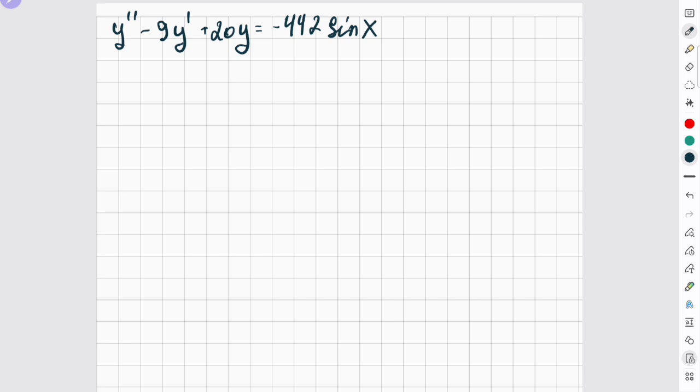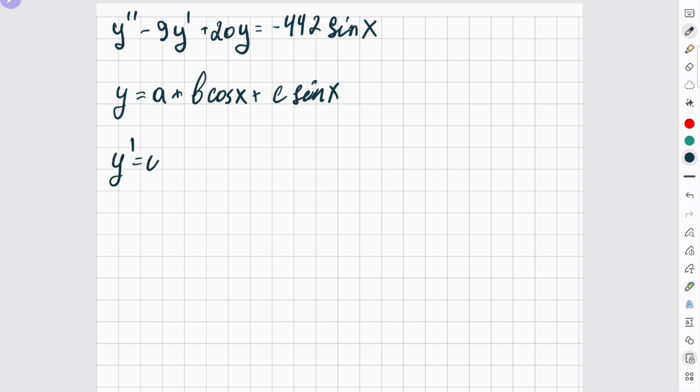That is why I can substitute y with this expression: a plus b times cosine x plus c times sine x. Of course, we have y prime and y double prime, so let's calculate them as well.